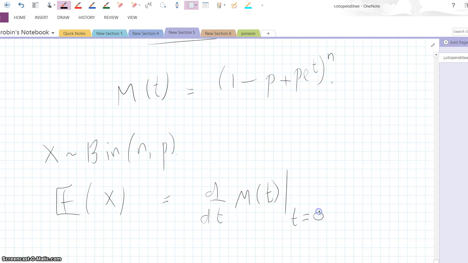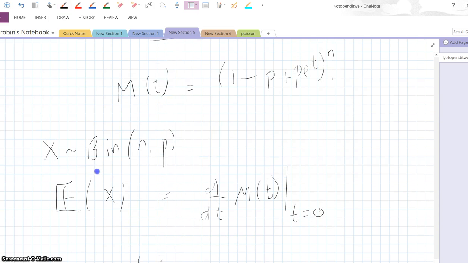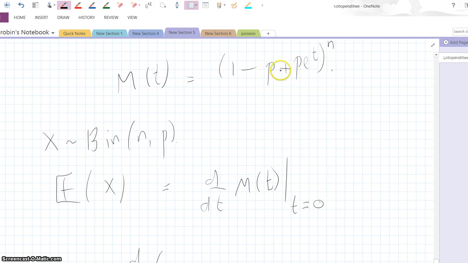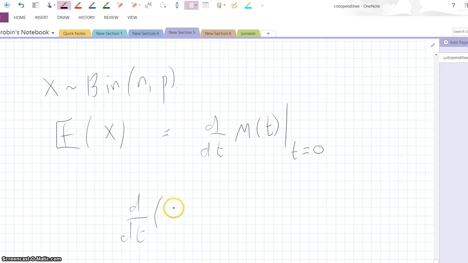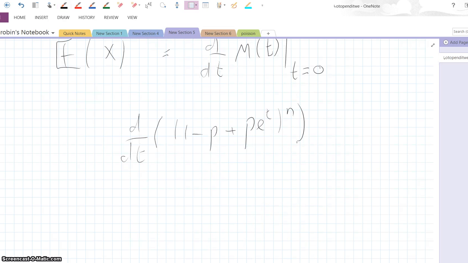So you pretend you don't know the answer and differentiate the moment generating function, which is 1 minus p plus p e to the t, all to the power n. We'll do all the differentiation and then set t equals 0.